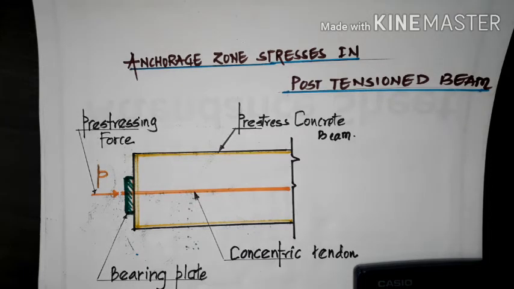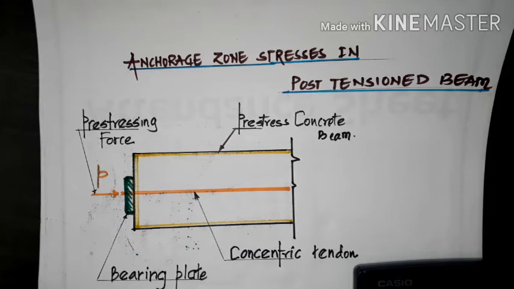After pouring, when the concrete reaches the hardened stage, the tendons are released at the ends. Here there is no need to provide any anchorage or locking system, because the tendon is surrounded by concrete and the concrete itself locks the tendon.